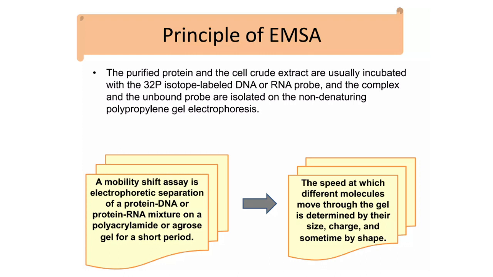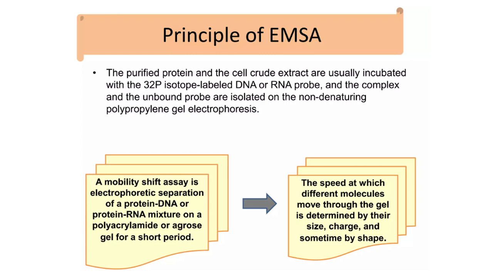You cannot see the normal protein because it's not labeled, but if the protein is bound to your DNA, you can see a shift in the band. After you run the gel, these bands separate based on their charge, size, and sometimes shape. It's a non-denaturing gel, so it's not only based on the size and the shape, but here the charge factor also plays an important role.